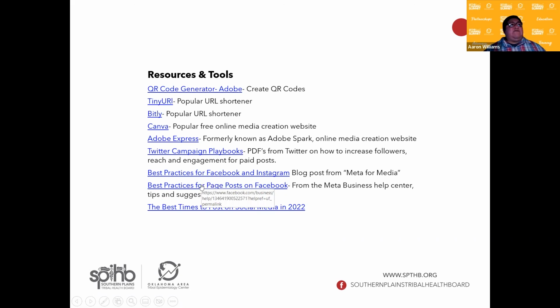The best practices for Facebook and Instagram, the blog post for Meta for Media, and then the best practices for page posts on Facebook, also helpful. Facebook has a voluminous help section. A lot of people don't click on it because it gets pretty down in the weeds. And then this is from the page we saw earlier, the best times to post on social media.